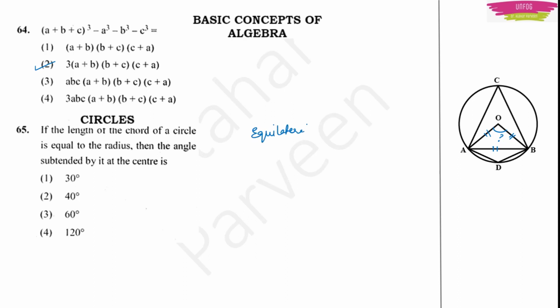And in an equilateral triangle, if AO is equal to OB is equal to AB, then obviously all the angles should be equal, and each value for them will be 60 degrees. Each interior angle of an equilateral triangle is equal to 60 degrees. So angle AOB is also one of the angles of this equilateral triangle, right? So angle AOB will also be equal to 60 degrees. So option 3 will be the right answer.